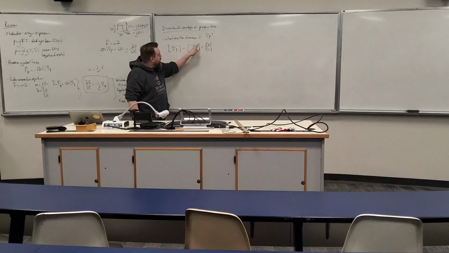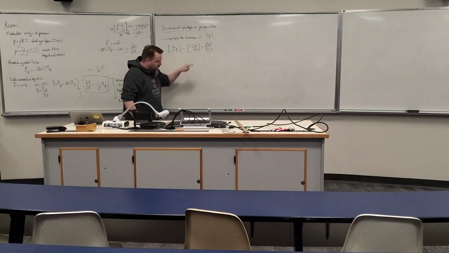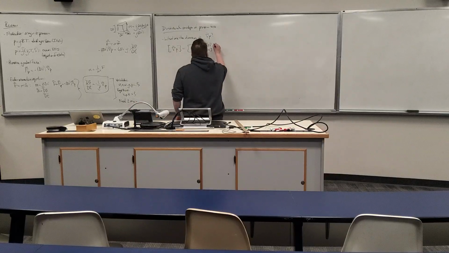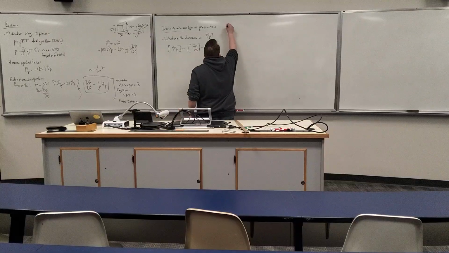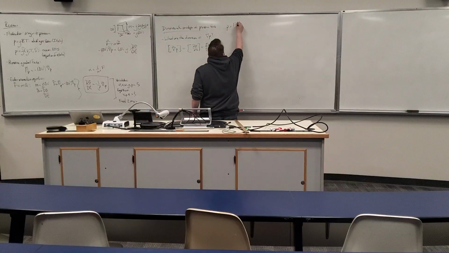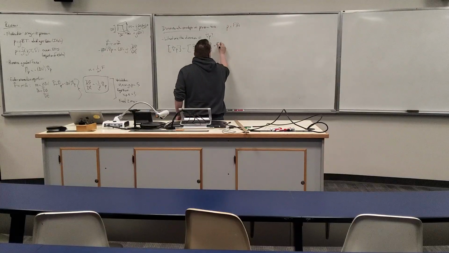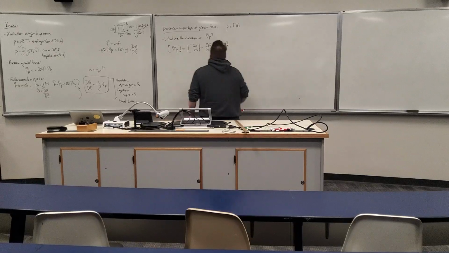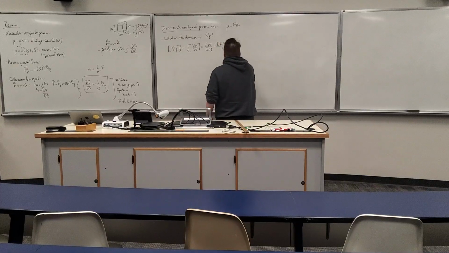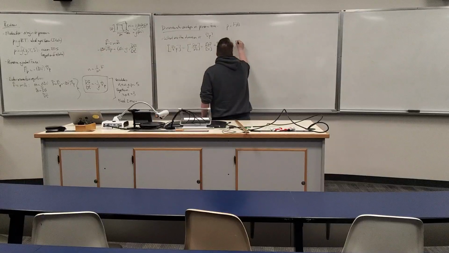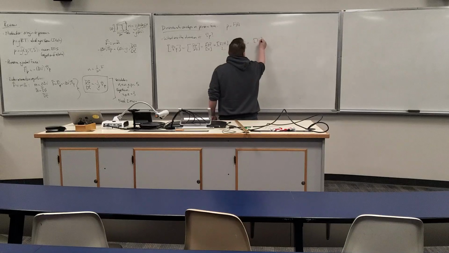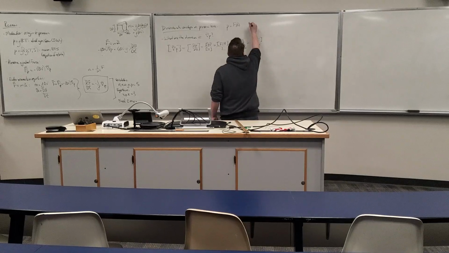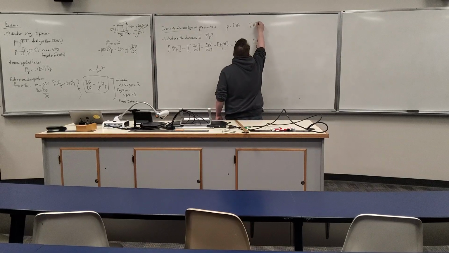The numerator is the dimensions of p, and the denominator is the dimensions of x. We know that pressure is equal to force over area. So the numerator is the dimensions of force over area, and the bottom is the dimensions of length. So this is equal to the dimensions of force divided by length times the dimensions of area, which is the dimensions of force divided by length cubed, because the dimensions of area is length squared.